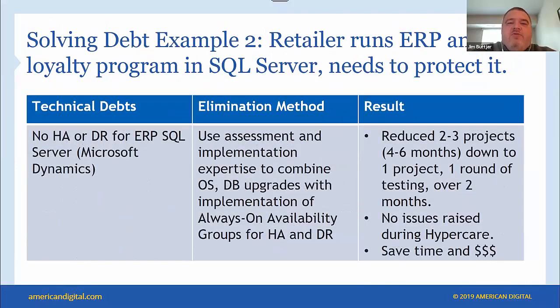As another example where we're able to combine projects, a company talked to us about how to provide HA and DR, that's high availability and disaster recovery, for their enterprise software system. In this case, it happens in Microsoft Dynamics. Right? So they didn't have either one. It ran all of the retail stores as well as their loyalty program.